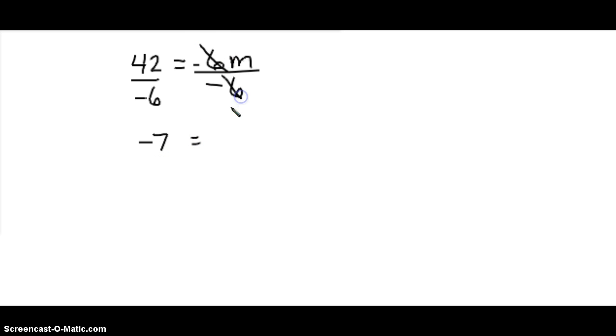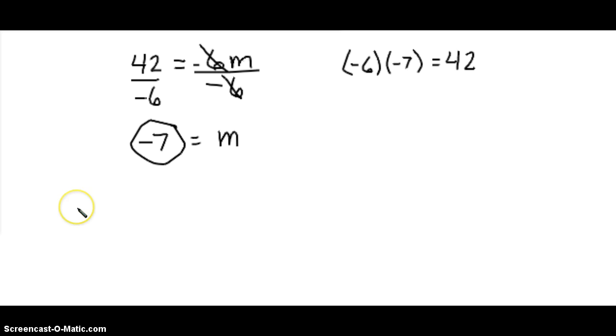If I divide both sides by negative 6, this right side becomes 1m, or just simply m. And we see that negative 6 times negative 7 does in fact equal 42. So that's how we can know that m is equal to negative 7.